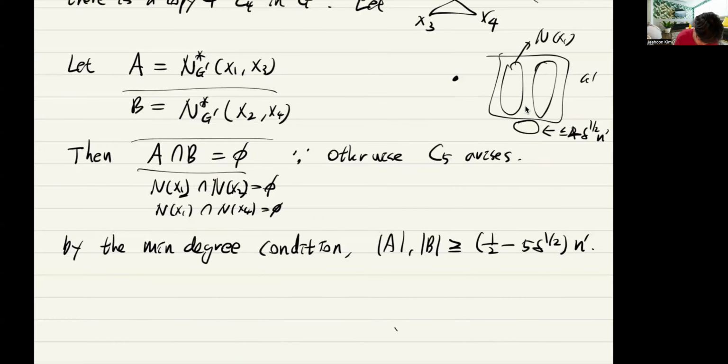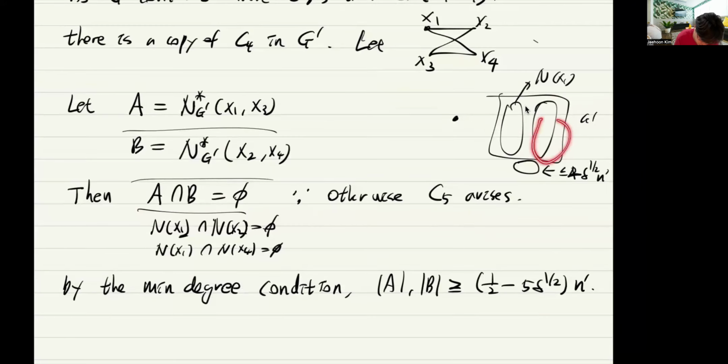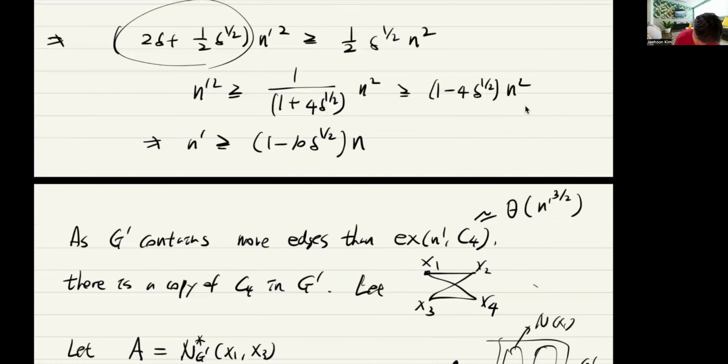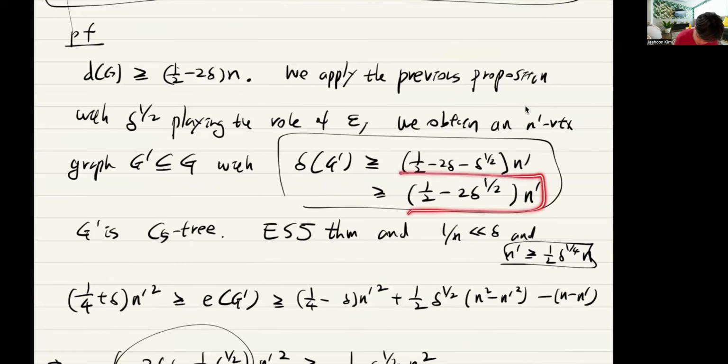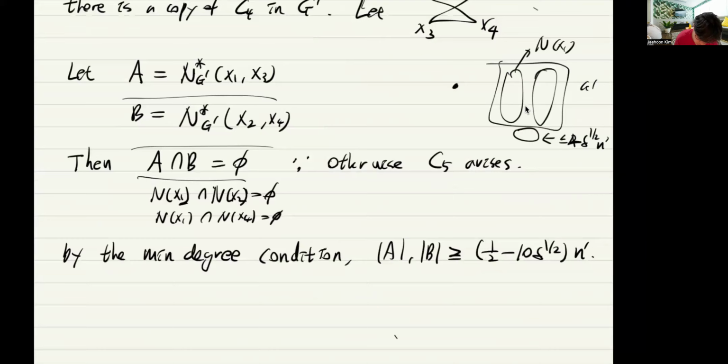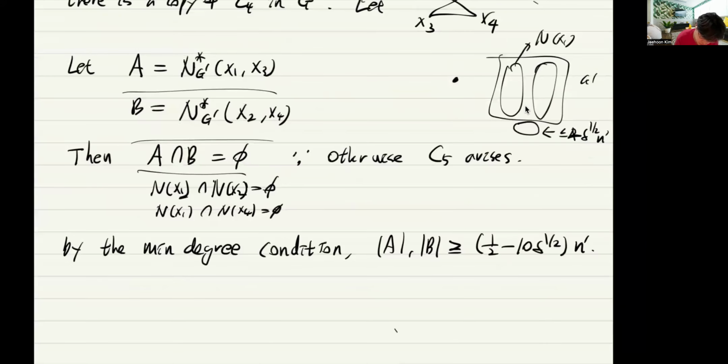Then you can see that it has to be large. And indeed, this could be bigger than 5. And in a similar way, when the neighborhood of x2 is fixed, the neighborhoods of x1 and x3 must be outside here, and both of them have size at least these, so their intersection must also be large. You can use that to prove this.